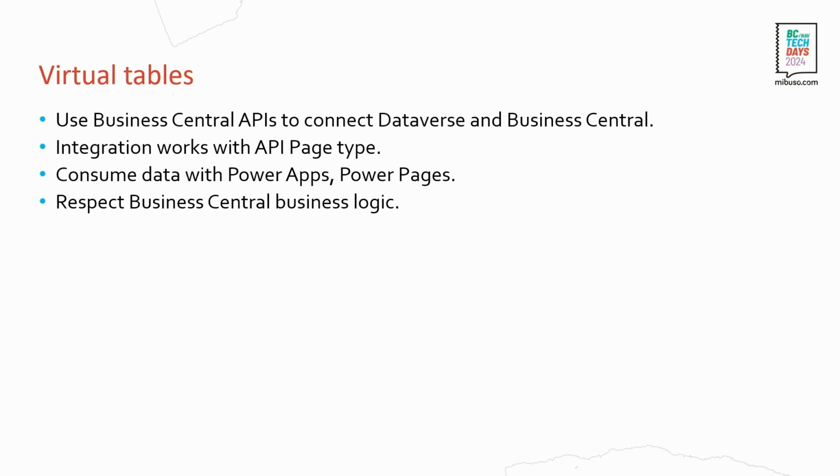Meaning that each time you need data from Business Central, Dataverse will ask Business Central through API, give me data from your table. We will see that we need to build API pages to establish communication. And then once we have data inside the Dataverse, we can use them in Power Apps or Power Pages.